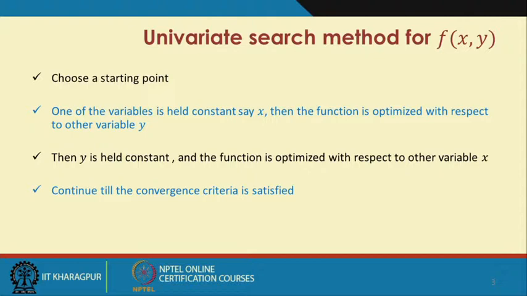In the next step, I will do the reverse process, and I will do repeated iterations. After that, the method will converge, because somewhere we will get the local optimum value, and there we will stop. That is the basic idea.